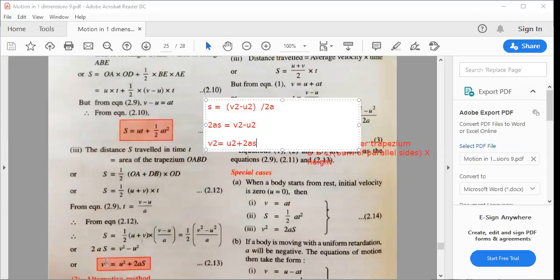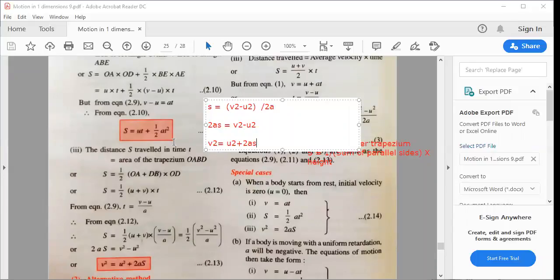While the third formula has v, u, s and a. There is no time given. So for finding displacement, you have two formulas. Just observe what is given in the question. If there is no time given, you need to use this formula, and if there is final velocity also. The second equation doesn't have final velocity.